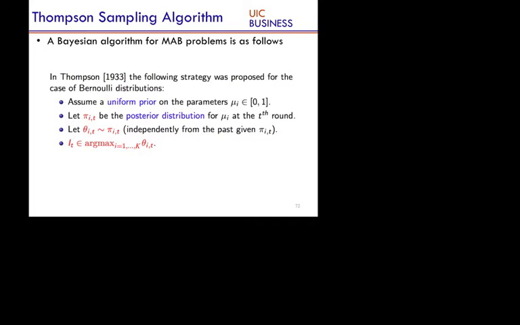Then I draw a sample from that posterior distribution for every arm. In this case I get two numbers, and I pick the arm which corresponds to the highest number. In the 2 arm case, or in a 10 arm case, you sort them, figure out the index of the highest number, and that's what you play. Okay, so that's Thompson sampling.